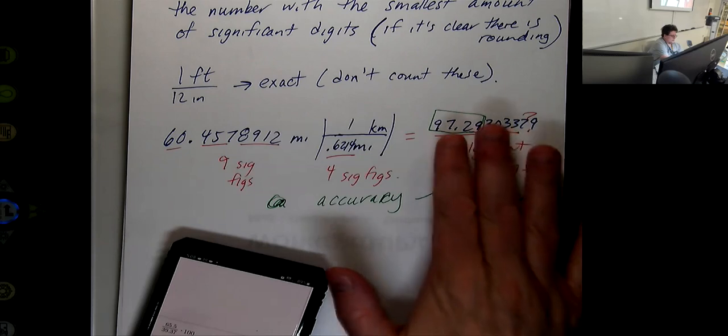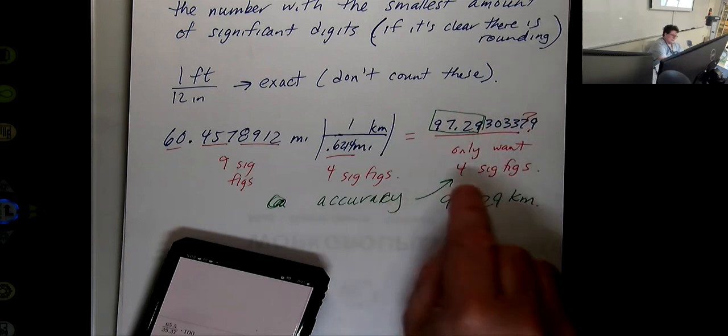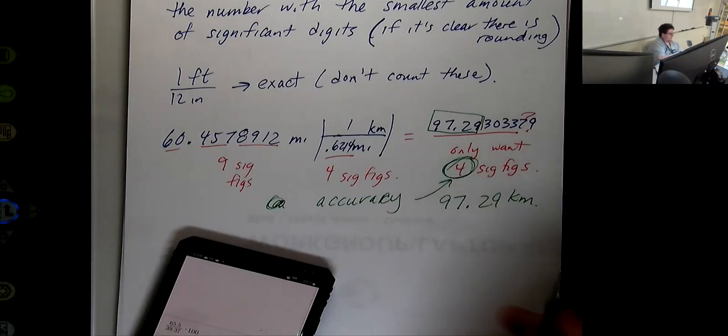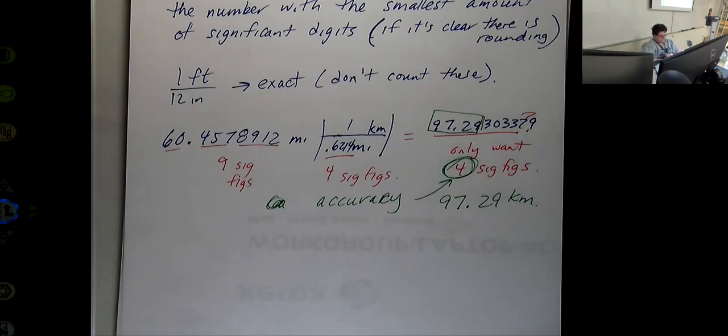So anything extra, I'm going to chop off because I'm basing it on this number right here. That's telling me how many significant figures to use. I was thinking to get rid of the last 4 as well. No, it's how many you keep. I'm glad you asked.